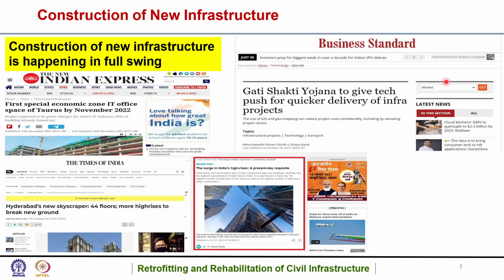If we see here, these are some news cutouts of the rise in the infrastructure sector, or the construction of new infrastructure, which is gaining pace recently because of various schemes launched by the Indian government.